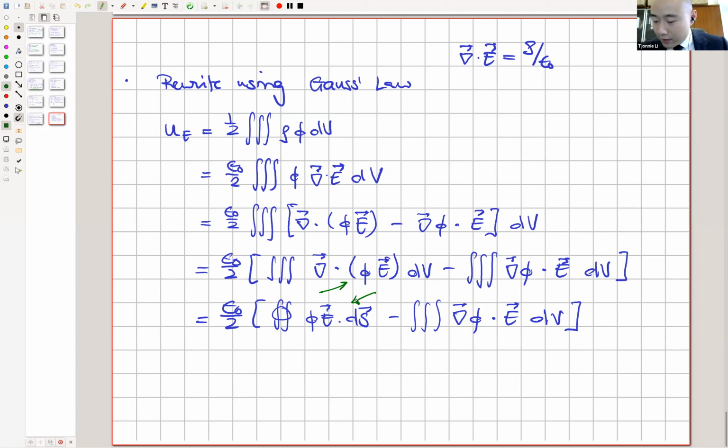This thing goes to zero. So indeed, I can make the second term vanish, and I can also specify that this here is just minus E again. And so I end up with a particular expression of epsilon over 2 integral in some volume of E dotted with E.